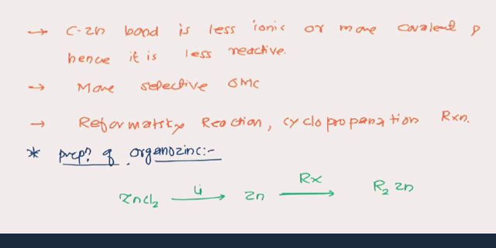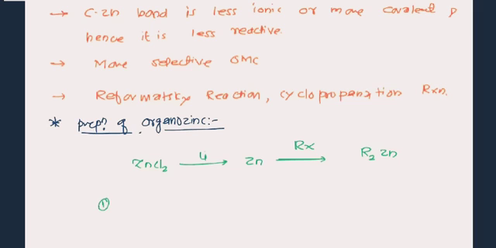But in the case of the Reformatsky reaction and the cyclopropanation reaction, in the Reformatsky reaction we prepare the zinc enolate. So zinc enolate is the reagent used in the Reformatsky reaction.